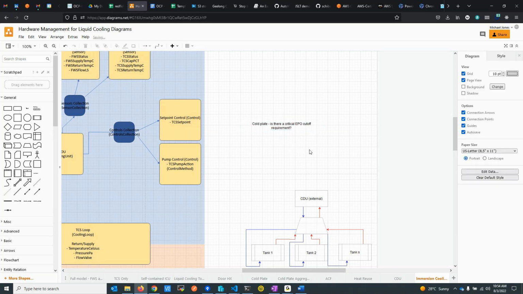So I see what you're saying. I think having some kind of fail-safe mechanism, at least described in this, wouldn't be a bad idea, so that you could have an upper temperature limit for the dielectric coolant, and if you exceed that temperature, then you would kill the power to everything in the tank.